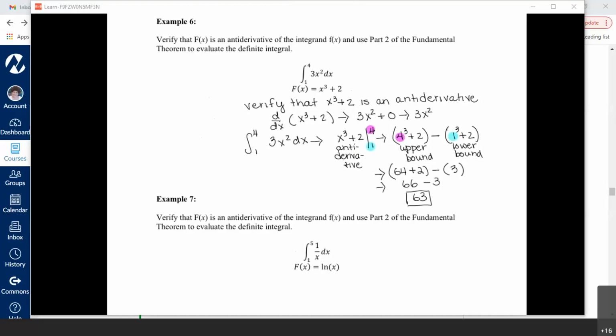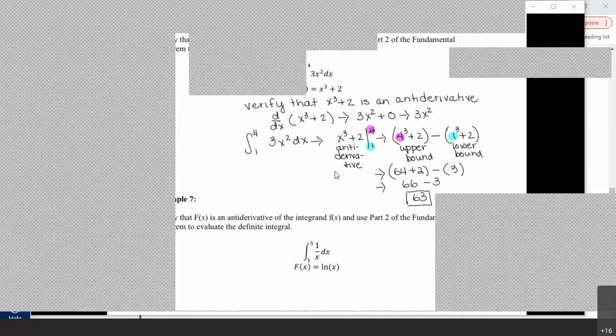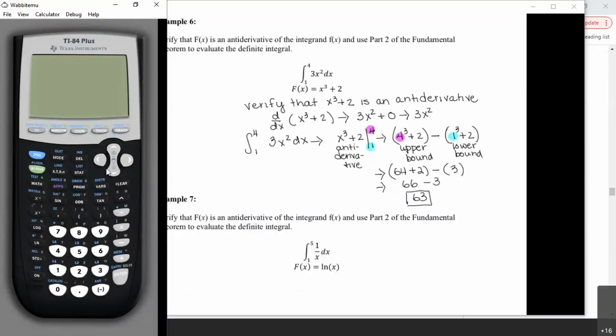But let me just show you how the TI works. I'm going to bring up my TI and share that with you. So turn it on and clear it. I can go into my y equals and put in 3x squared, my rate function.